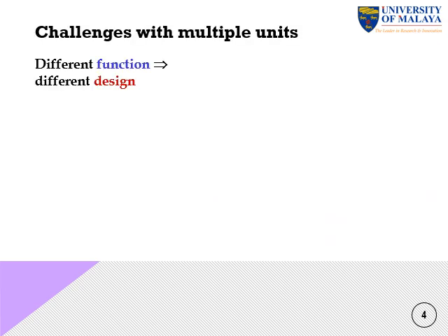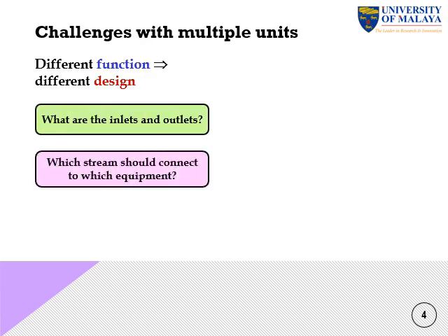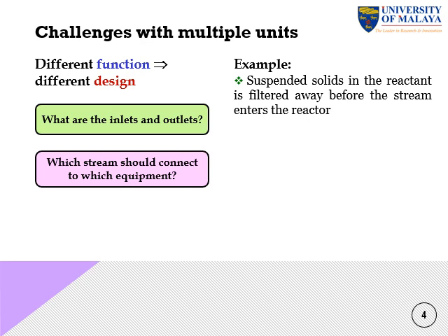So what are the challenges with multiple units? With different unit, different function and different designs, you have various inlets and outlets, and you need to know which streams should be connected to which equipment. For example, in this problem here, suspended solids in the reactant are filtered away before the stream enters the reactor. So you know that the suspended solids in the reactant must go through a filter and then only enter the reactor.